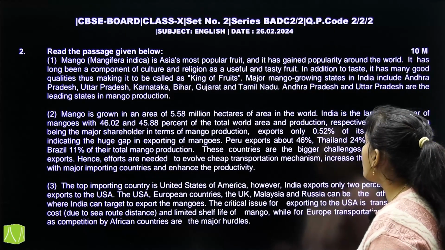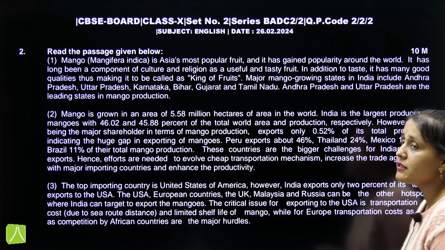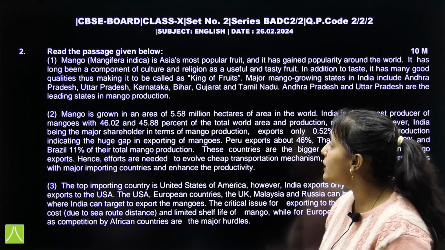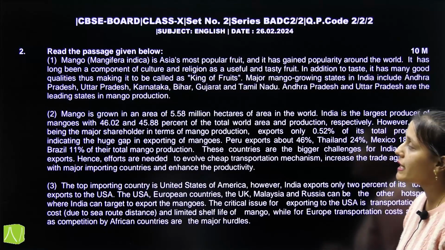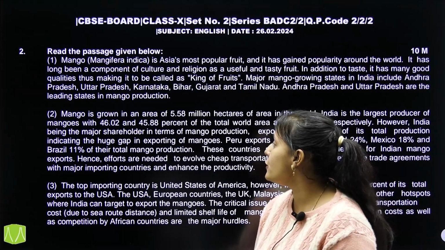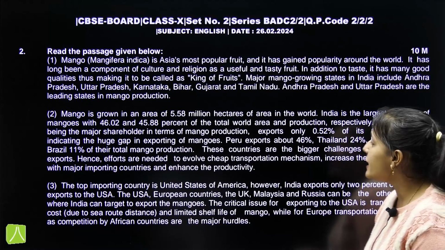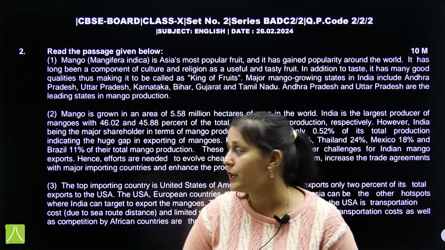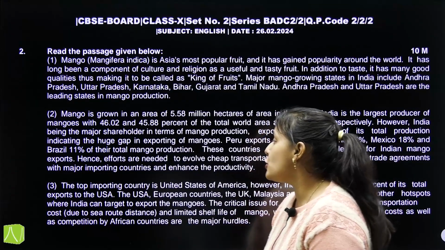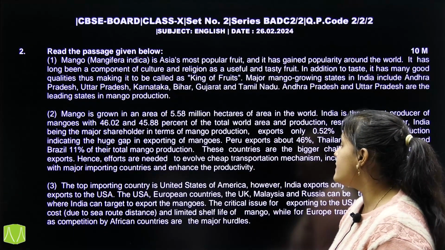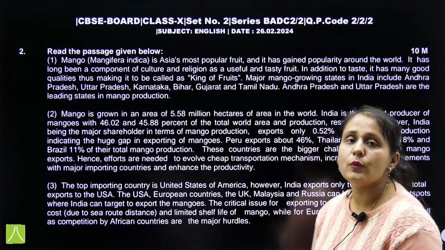Peru exports about 46%, Thailand 24%, Mexico 18% and Brazil 11% of their total mango production. These countries are the bigger challenges for Indian mango exports. Hence, efforts are needed to evolve cheap transportation mechanism, increase the trade agreements with major importing countries and enhance the productivity. The third paragraph states that the top importing country is United States of America. However, India exports only 2% of its total exports to the USA.